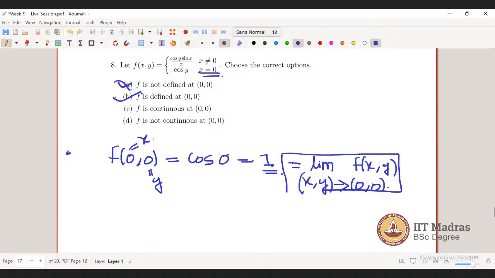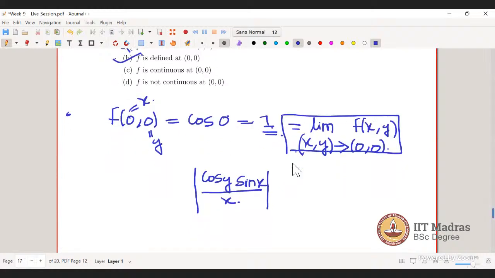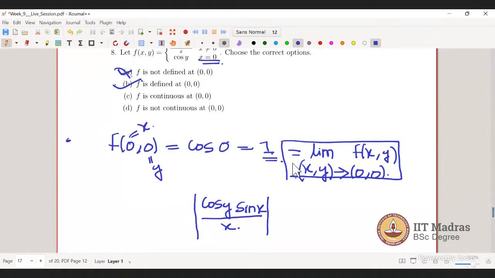So we can take mod of cos y sin x by x, which will be less than or equal to mod of sin x by x.